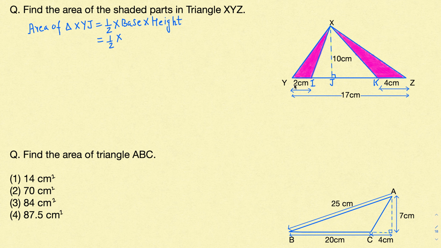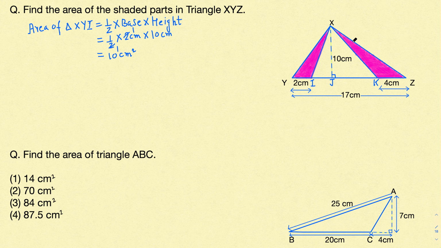So, okay, here the base is 2 cm and the height is 10 cm. So what do we get from here? We can cancel this 2 with this one and we'll get 10 cm square. So the area of triangle XYI is 10 cm square.